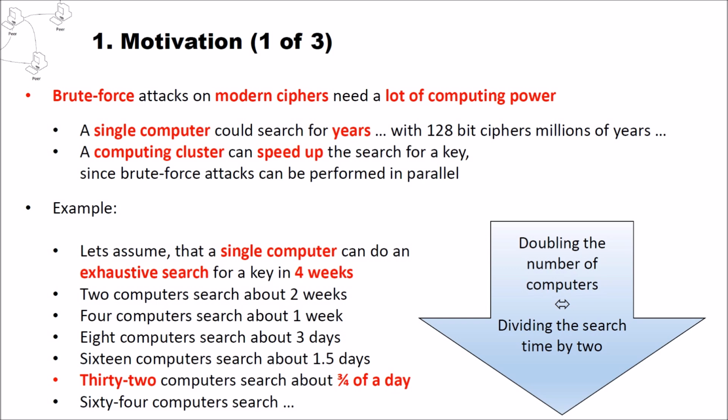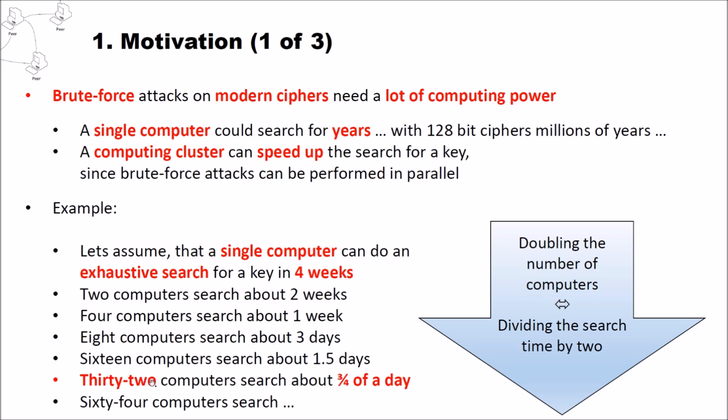And here's an example for that. Let us assume that a single computer can do an exhaustive search for a key of a cryptographic algorithm in, for example, 4 weeks. And clearly then, 2 computers can search for the same key in about 2 weeks. And 4 computers then can search this in about 1 week. And then when we have 8 computers, the search is only about 3 days. Already with 16 computers, the search is only about 1.5 days.